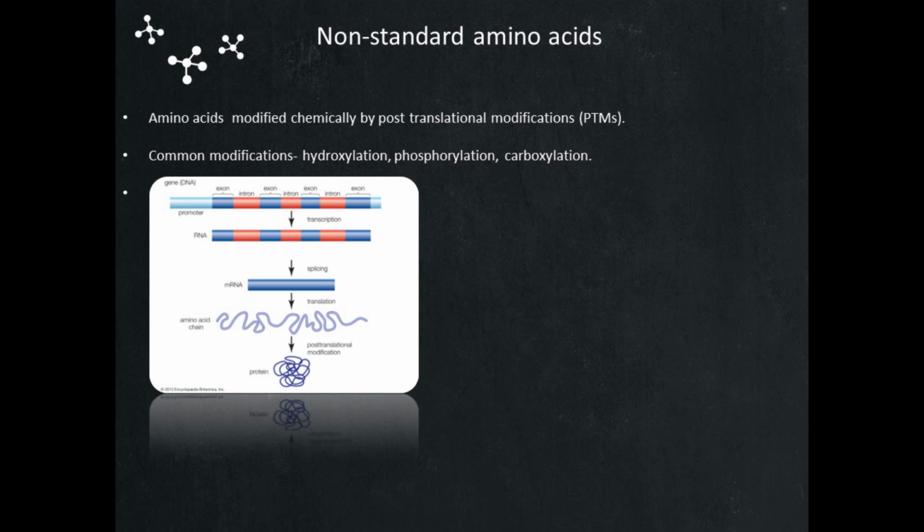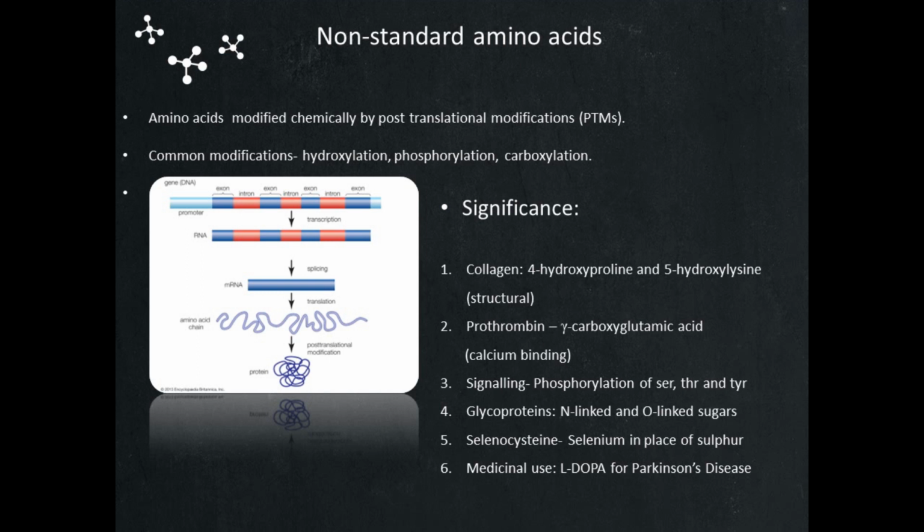Now, what is the significance of non-standard amino acids? First, in collagen, which is a structural protein, we have 4-hydroxyproline and 5-hydroxylysine, which are hydroxy forms of proline and lysine. Then in prothrombin, which is important in blood clotting, we have gamma-carboxyglutamic acid, which helps in calcium binding.